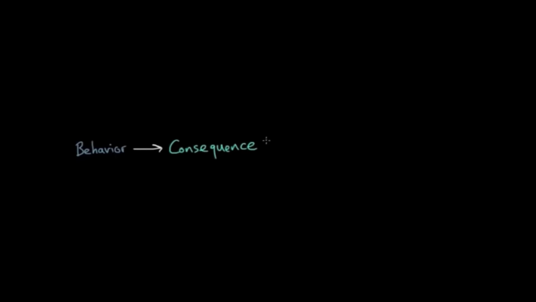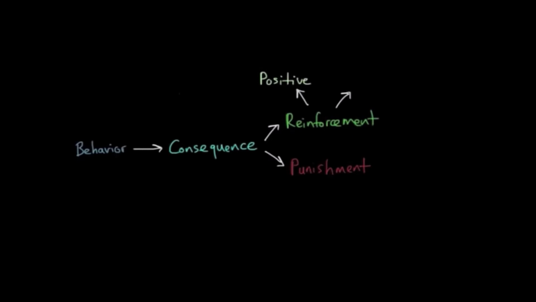So I'm going to write here, behaviors have consequences. In terms of operant conditioning, there are two main types of consequences: reinforcement and punishment. And when it comes to reinforcement and punishment, there are two types: positive and negative. The same goes for punishment.